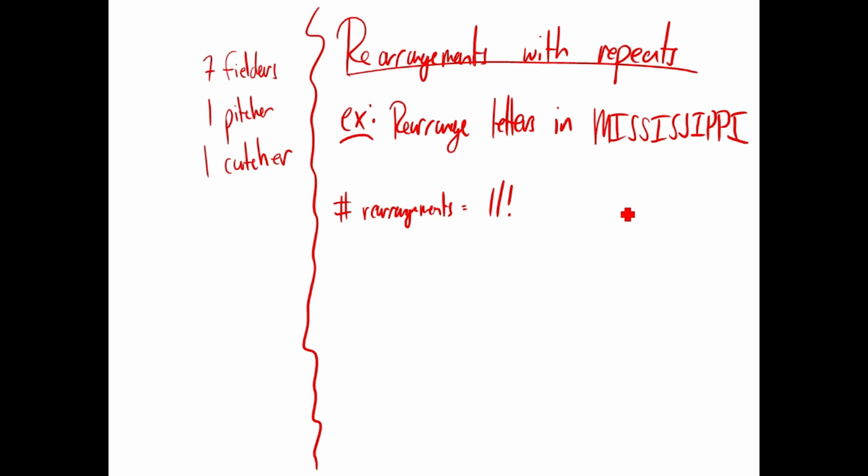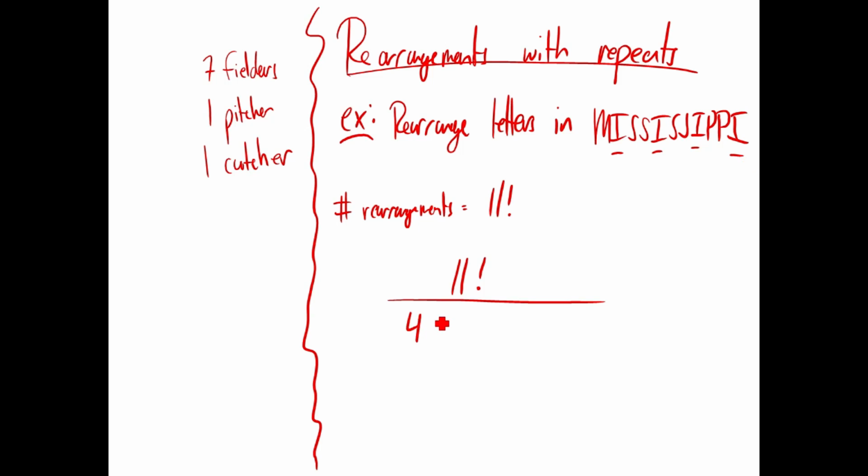But some of those are repeats, right? Some of those have the same letters in the same place. And so what you do is you take that value and you divide out all the ways you can rearrange each letter. For example, there's 1, 2, 3, 4 I's. Every time you stick your letters in one place, you can rearrange the I's and switch out all the I's.